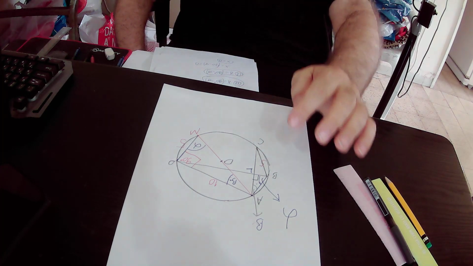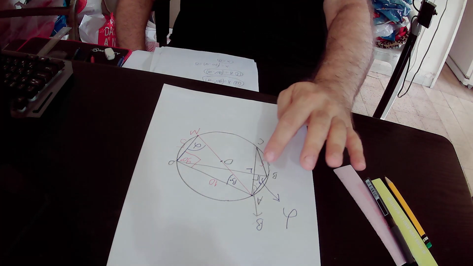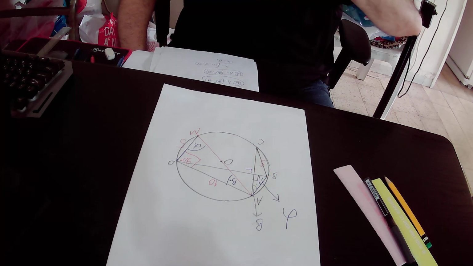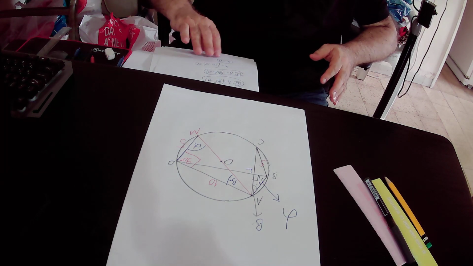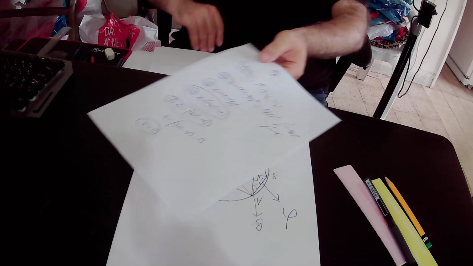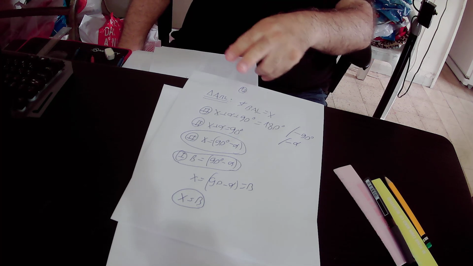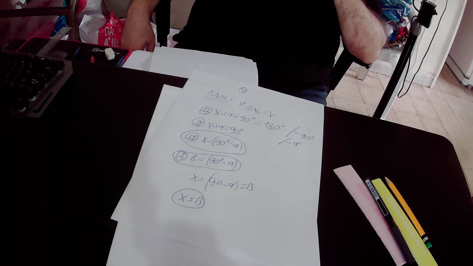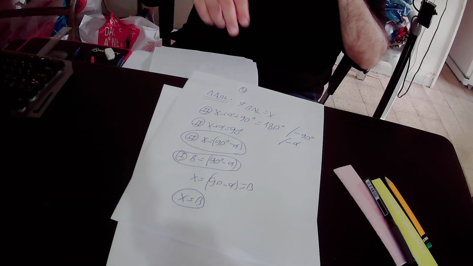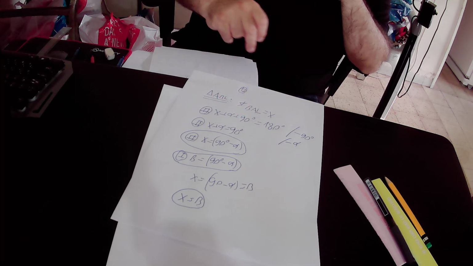And that is our second equation, which states that alpha plus angle X plus 90 degrees equals 180 degrees. So from equation number 2 we got that x equals 90 degrees minus alpha.